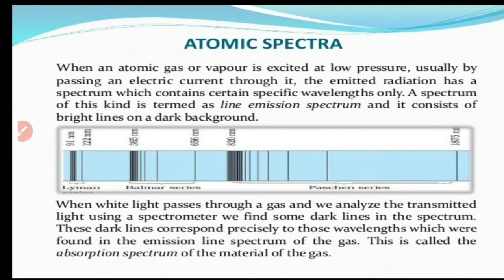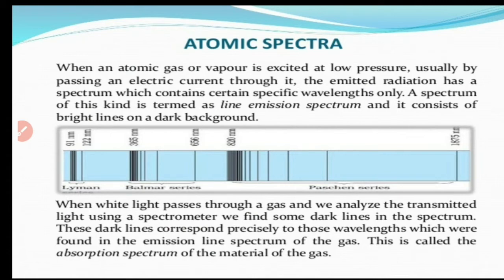Such a spectrum can be photographed actually, and the photograph of such spectra shows that it has some bright lines in the dark background, and such a spectrum is called emission spectrum.